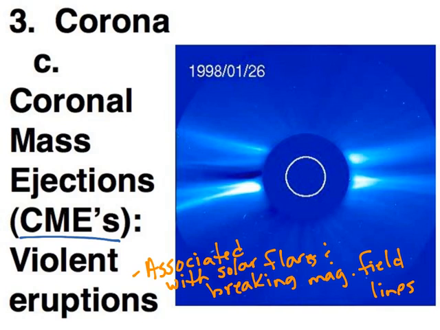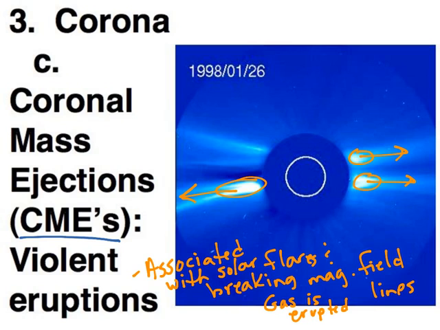And so in this case, not only is it charged particles, but actually gas that is erupted. And so these bright things that you see here, those are actually being shot out of the corona. And those are the coronal mass ejections.